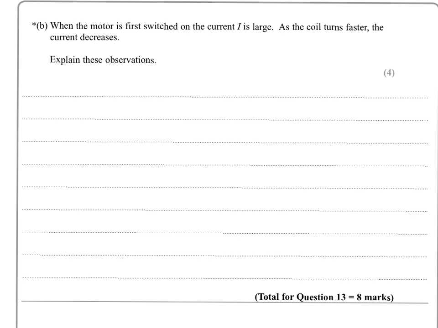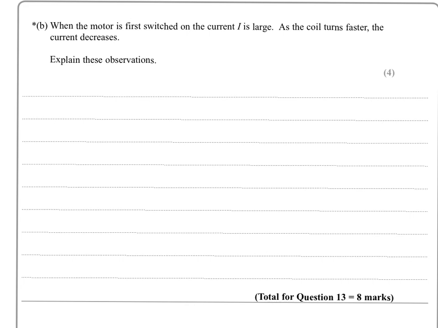So as it starts to rotate, there's a flux linkage which is being changed through it, and that produces an EMF that opposes the change causing it. So this really drags in Lenz's law. So what it starts to do then is produce an opposition to the action causing it to rotate in the first place.